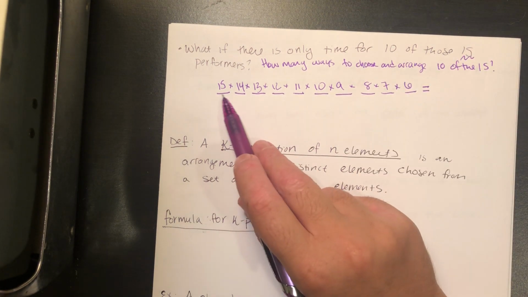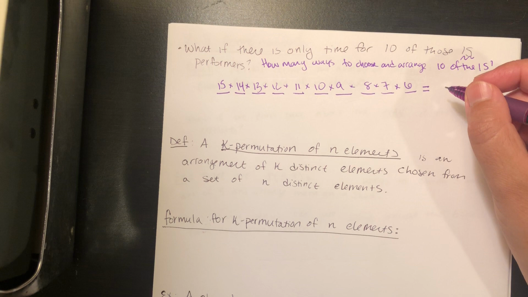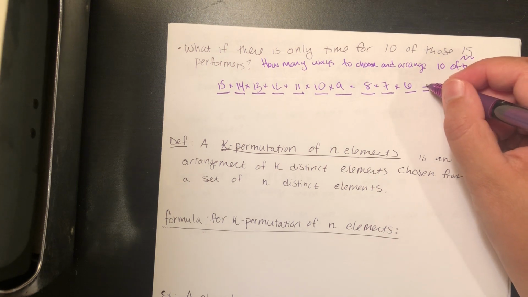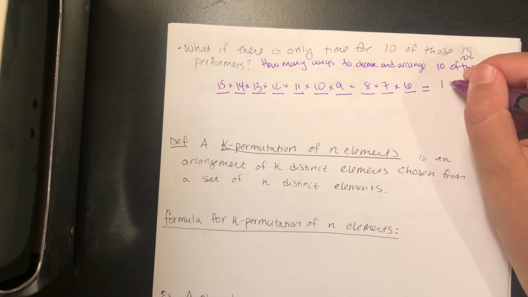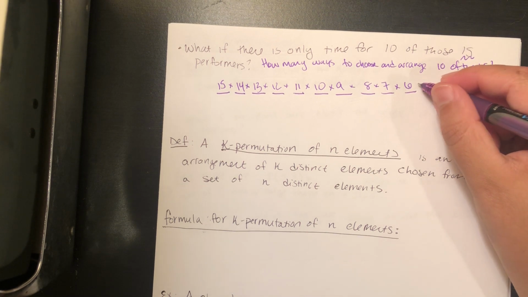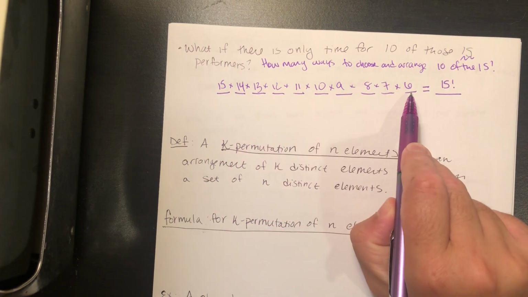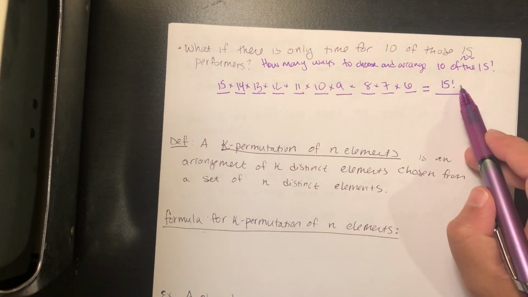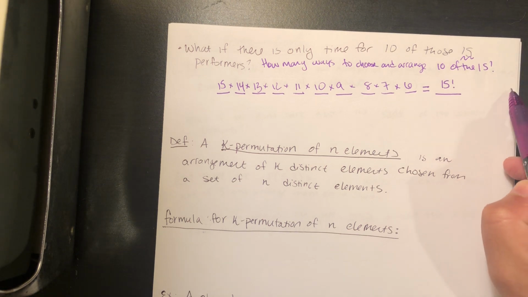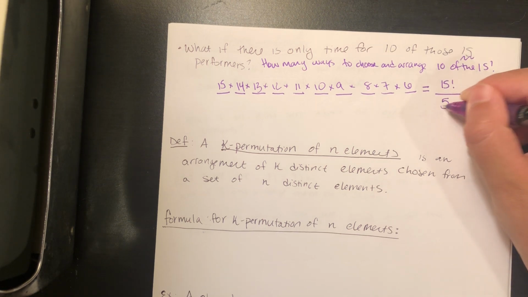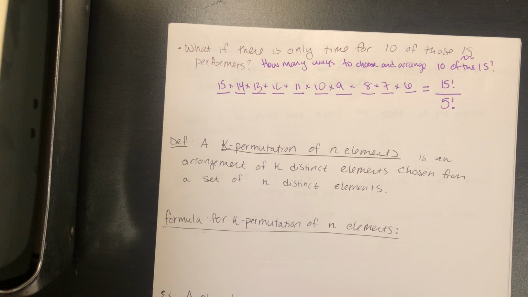Well, like we said before, this is almost 15 factorial, but we're missing factors of 5, 4, 3, 2, and 1. So start with 15 factorial, and then cancel out the last 5 factors, 5, 4, 3, 2, and 1. Because this is multiplication, if we want to get rid of a factor of 5, 4, 3, 2, and 1 in the numerator, I'm going to have to divide by 5 factorial in the denominator.